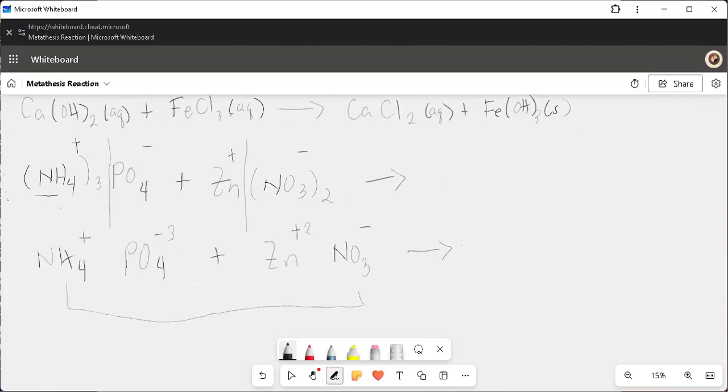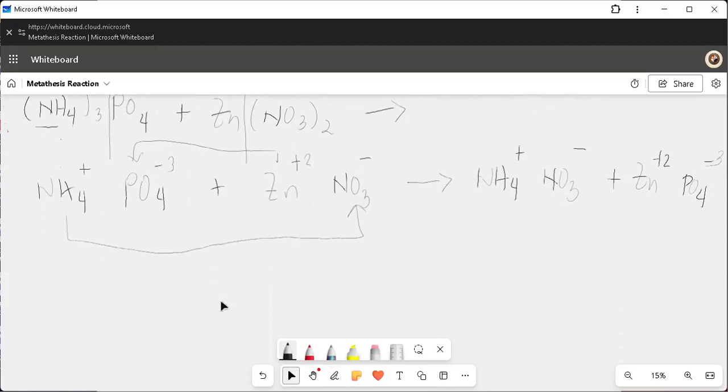So positive will go to the negative and positive will go to the negative. So now you create NH4 plus, NO3 minus, plus Zn plus 2 and PO4 minus 3.